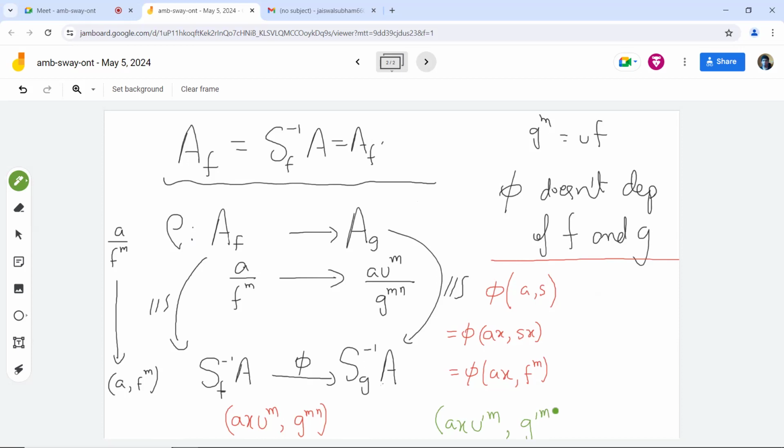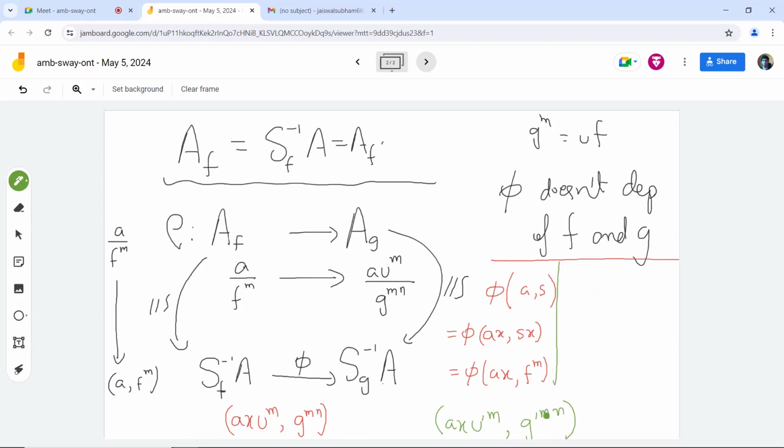We can ensure that the M is the same. We can adjust it with the U, because we are changing the U, so we can take the maximum powers. It will not really improve our understanding, but let's see.